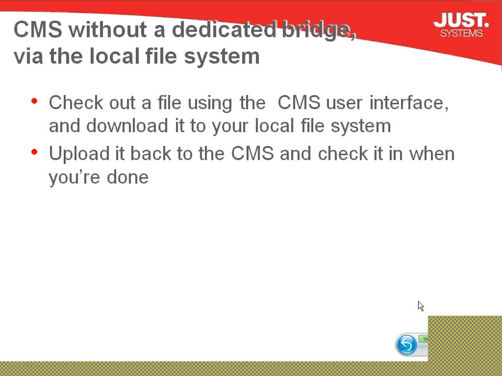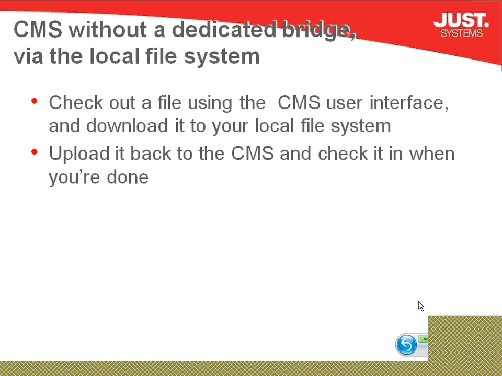This is going to be cumbersome, and especially cumbersome or even maybe impossible if you're trying to create links between files, because when you create links between files, you want to create them directly to where the target is in the repository, not to where that target file happens to be in your local file system.